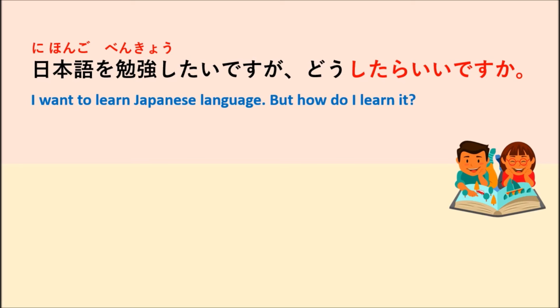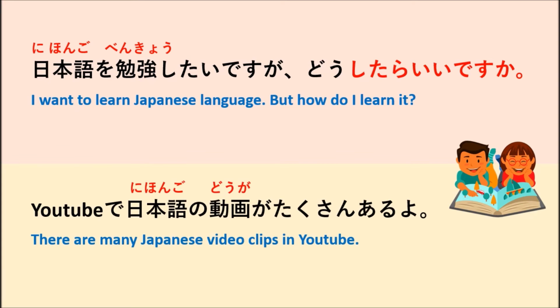In a case like this, we also have answers like this: YouTube で日本語の動画がたくさんあるよ。Which means there are many Japanese video clips on YouTube. When you advise your friends, you can advise many things.